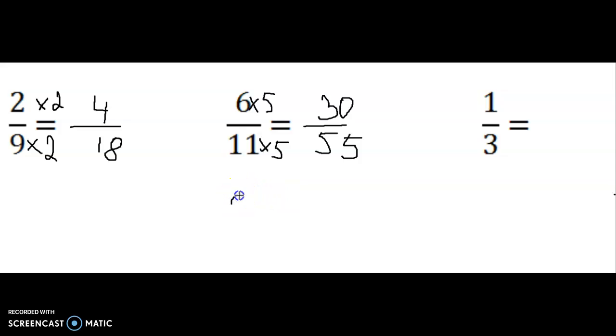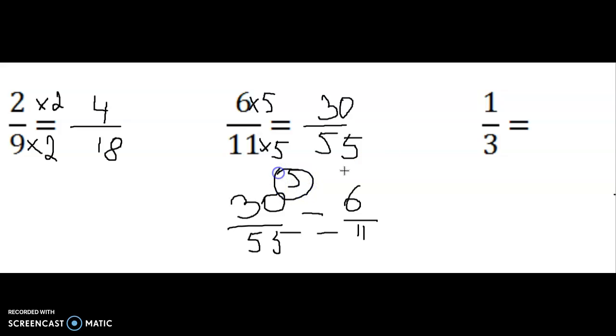So in order to find the simplified form of 30/55, we know that it will be 6/11, with our greatest common factor being 5.